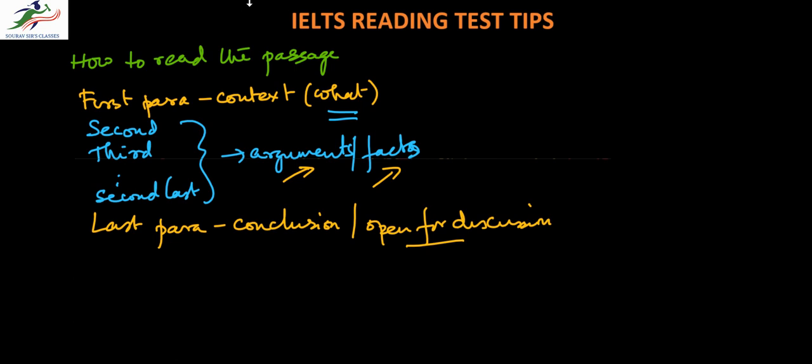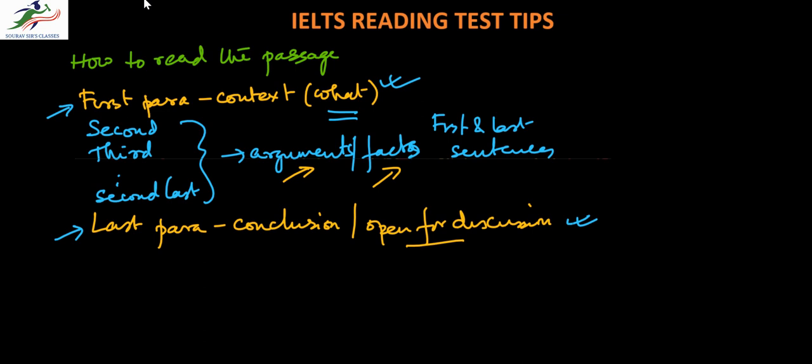So the best strategy is to read the entire first para and then read the first and last sentences of the rest of the paragraphs and read the entire last paragraph.